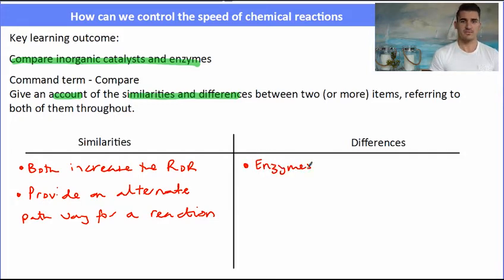Some differences. Enzymes are very selective in that they only usually catalyze one reaction. Inorganic catalysts may be used for a number of different reactions. They're not as specific as an enzyme.